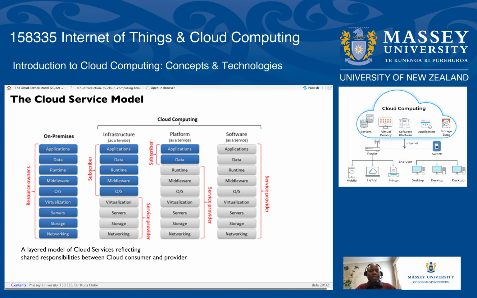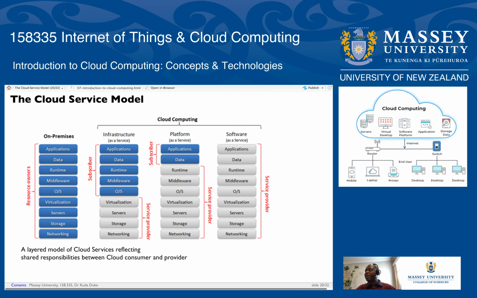This diagram is the usual diagram that is used to introduce you to the cloud service model. It is a typical cloud service model that clearly demonstrates what the cloud provides. It's a layered model, as you can see. It reflects the shared responsibility between the consumer of the cloud services and the provider.